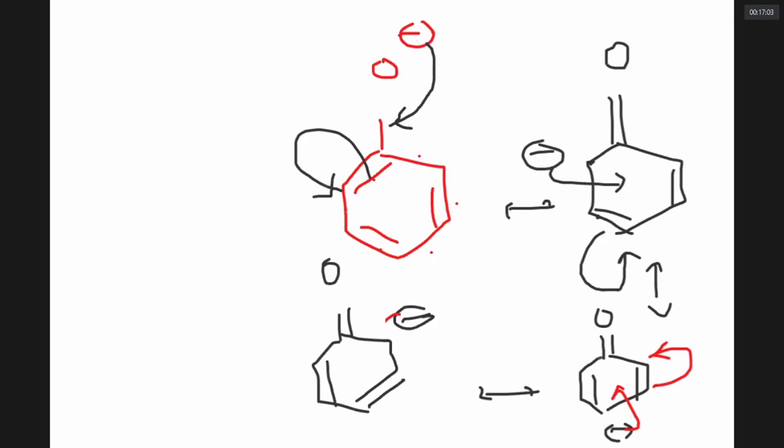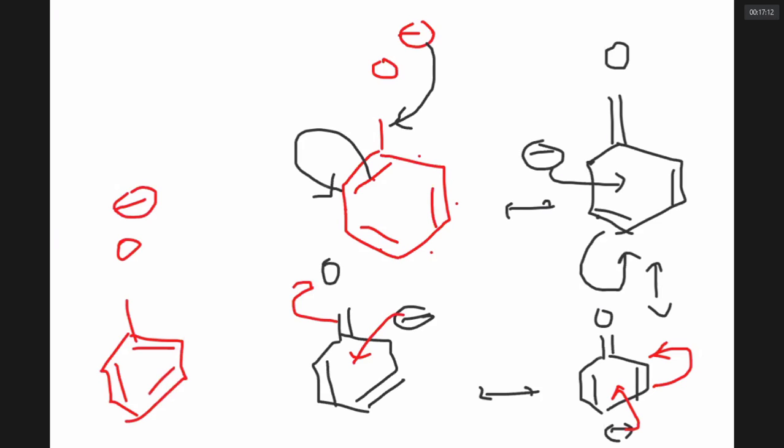Finally, the negative charge comes here and oxygen becomes negative again. So how many resonance canonical structures could I write? 1, 2, 3, 4, 5. Phenol gives the conjugate base phenoxide ion, which has 5 resonance canonical forms in which the negative charge is distributed between oxygen and carbon.